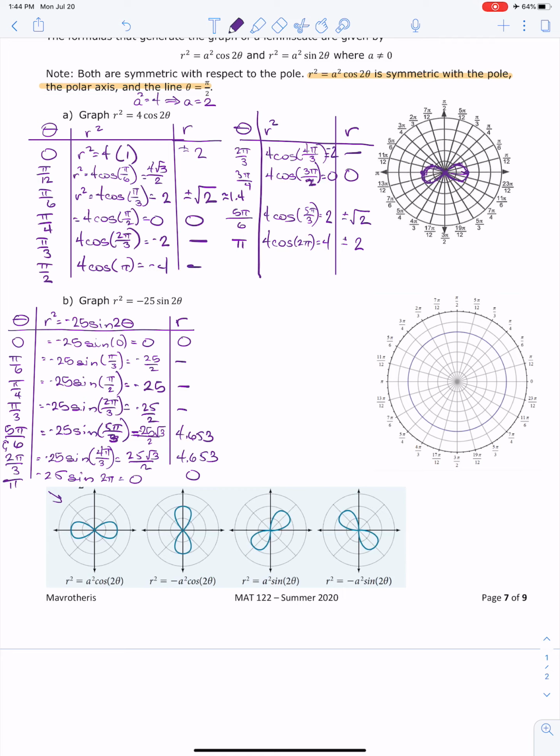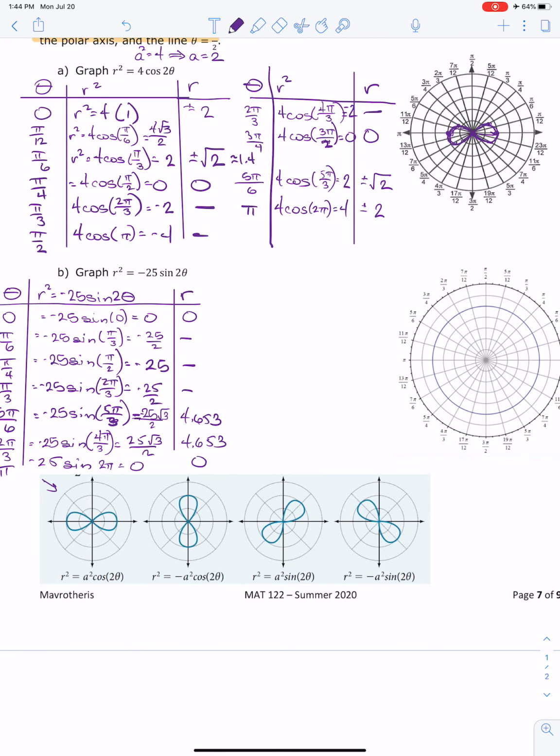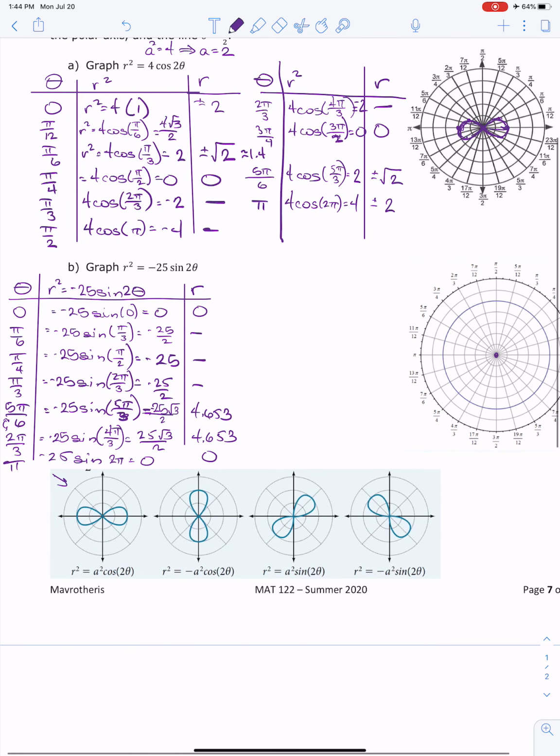So let's plot that and see where we are going to go from there. So I have got 0, 0. Can I use anything? I just skipped right over pi over 2.